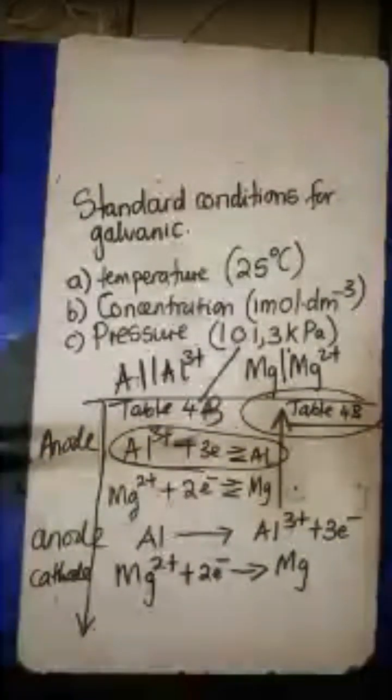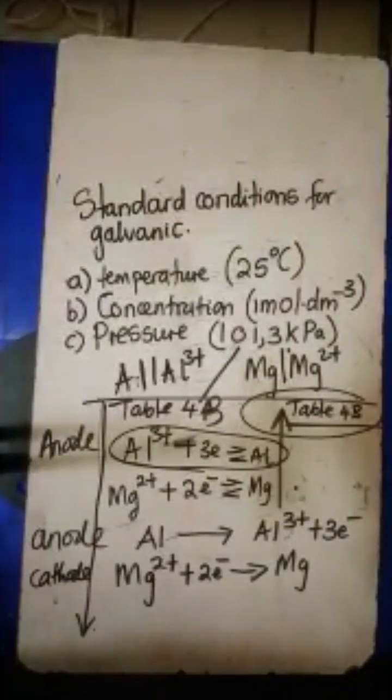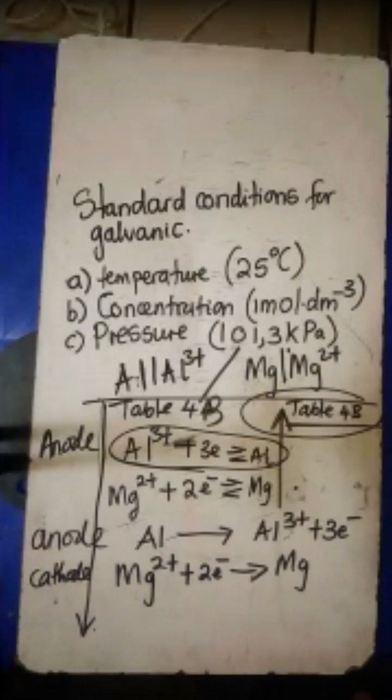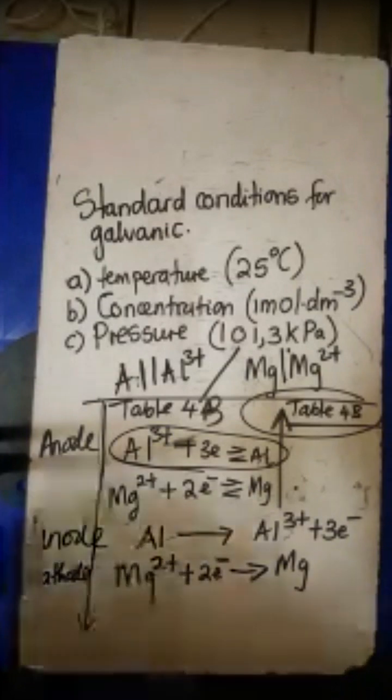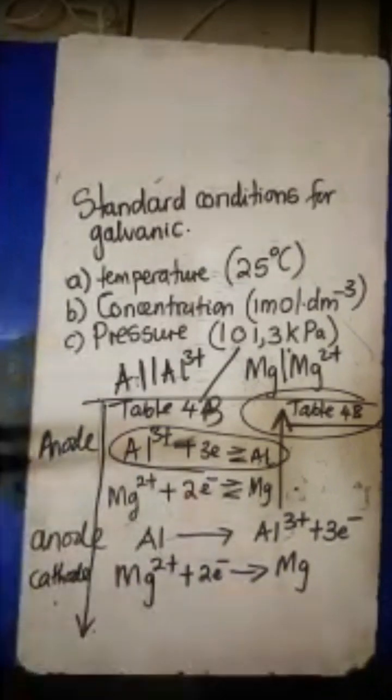Ma'am. Right. I want us to look for another set of elements, then you can see if you understand what I'm trying to talk about. Let me look at the set of elements Ag and Zn. I want to quickly look at that table there. Tell me which one is the anode.